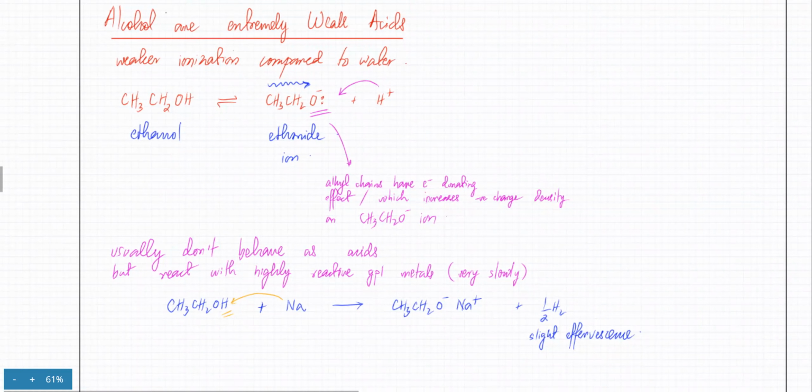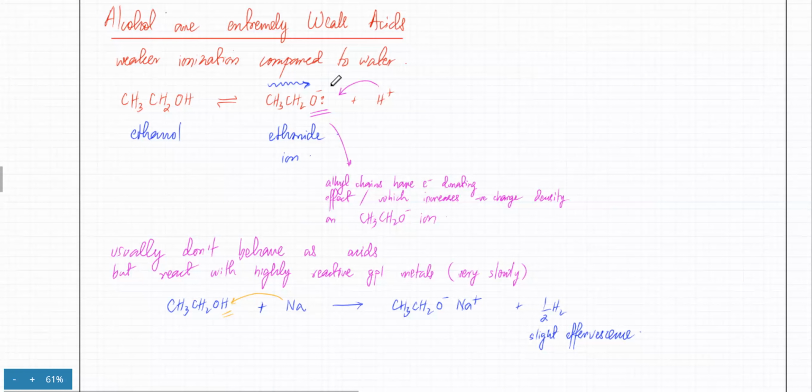I told you the reason why they were very weak acids. Alcohols have an OH, and the H over here could break off, but it usually doesn't break off because the negative charge on the oxygen is very large. The carbon chain over here has an electron donating effect that increases the negative charge density.